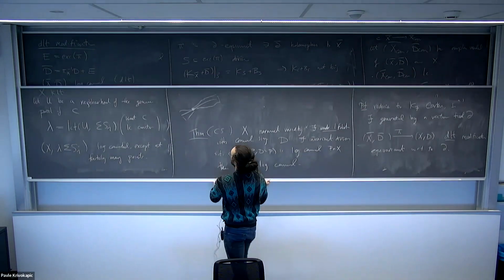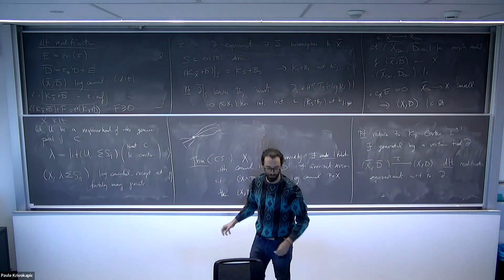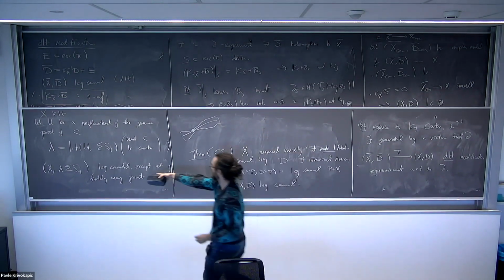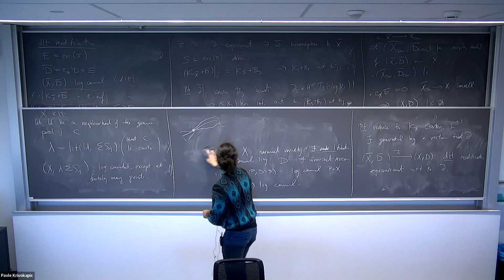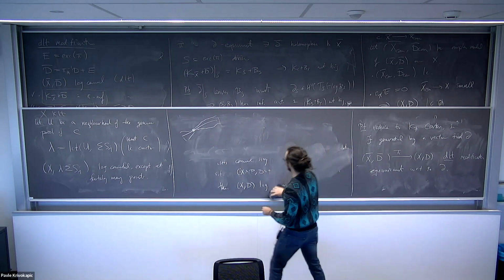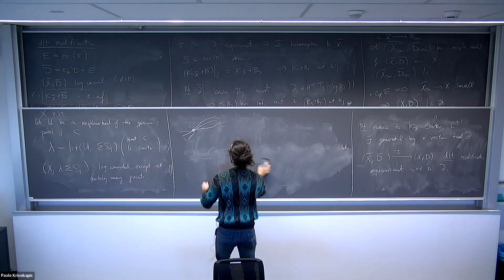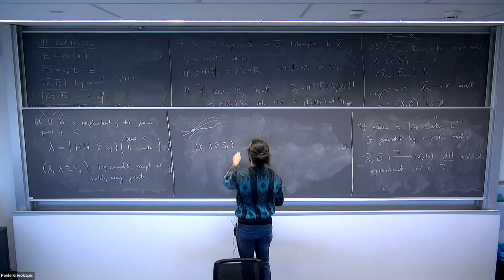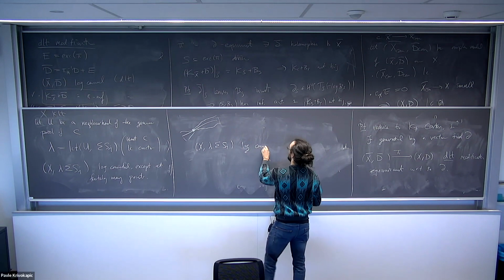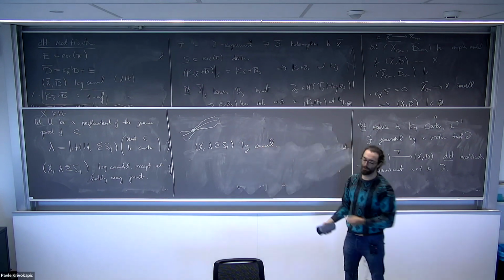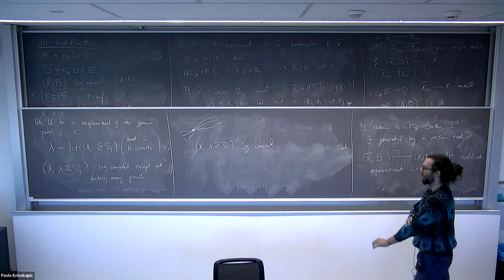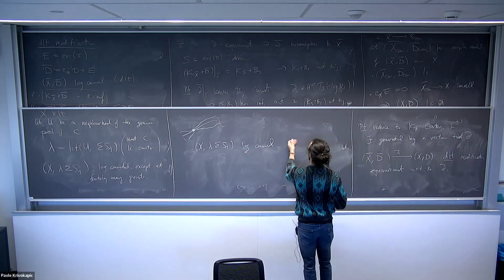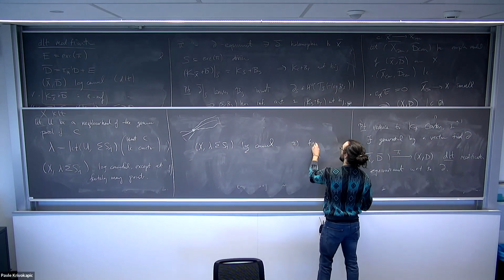Okay, so what this tells us then is that the pair we constructed, X lambda SI, is log canonical. And this is exactly what we needed. This was step 2 of what Paolo was describing, and so step 2 is finished.